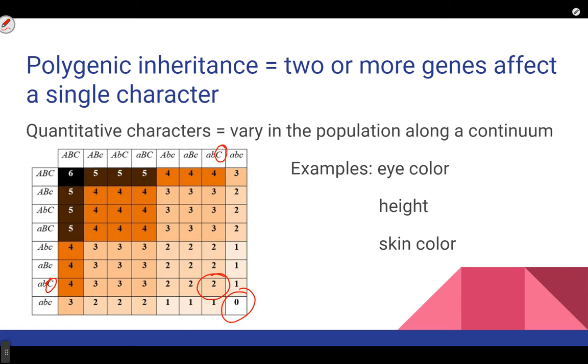And so the more dominance, like I said, this is a simplified way to think about this, but it shows you how a whole bunch of genes can interact with each other to produce a range of different colors or heights or whatever. So anytime there's a trait that doesn't just have a couple distinct choices, it's probably a polygenic trait where lots of genes interact to determine those characteristics.